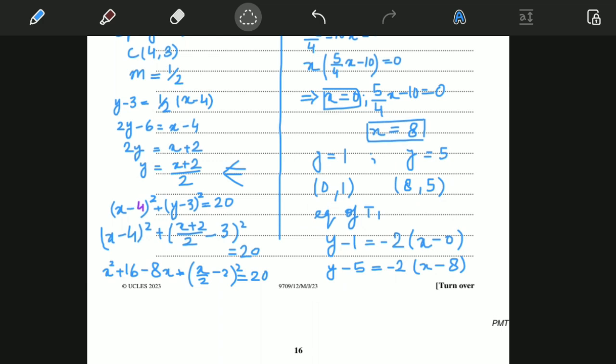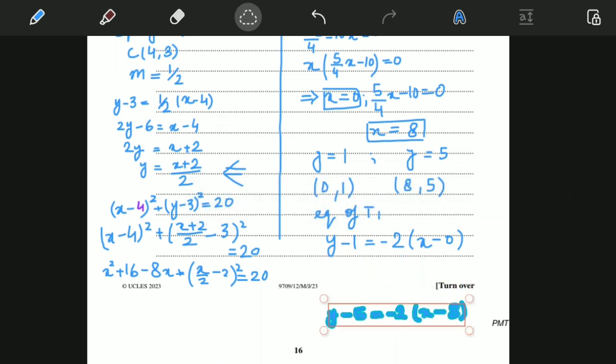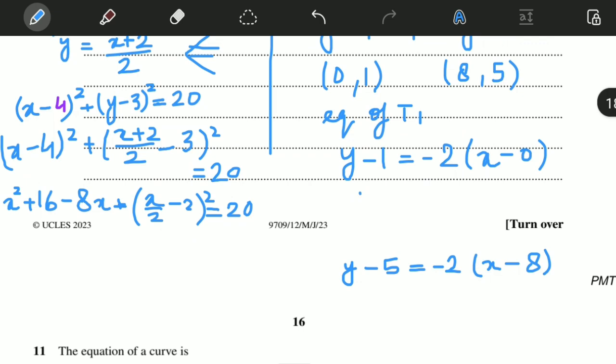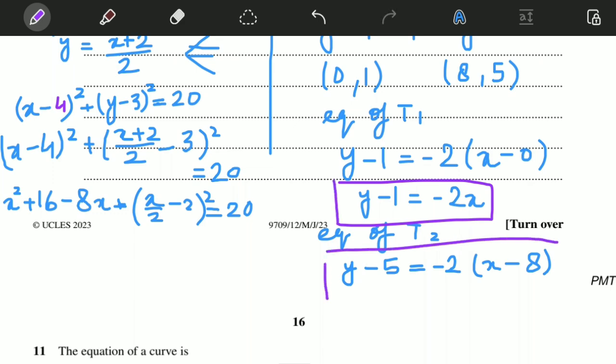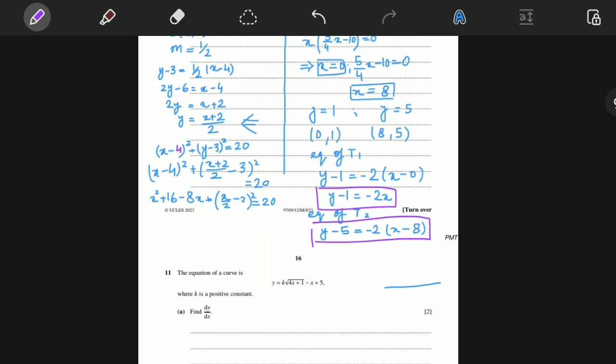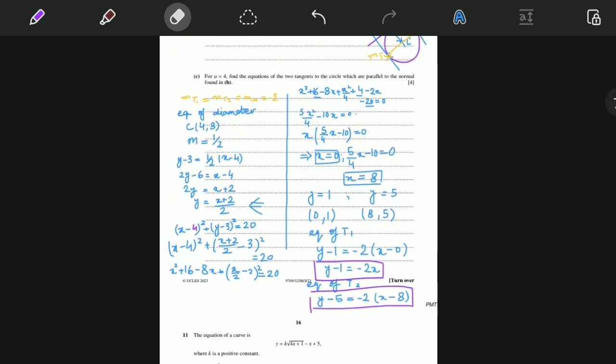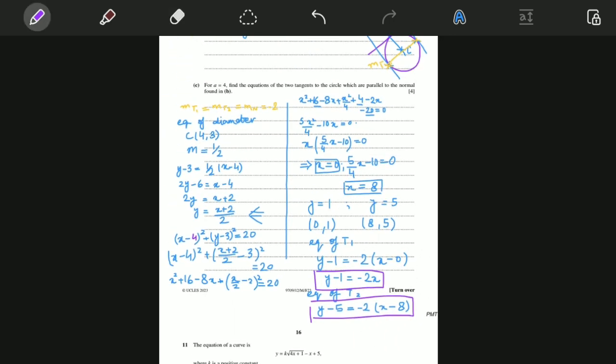So these are your two equations. You can either simplify them as well. This will become y minus 1 is equal to minus 2x. Equation of tangent 2 would be y minus 5. This is it. This is your whole working.